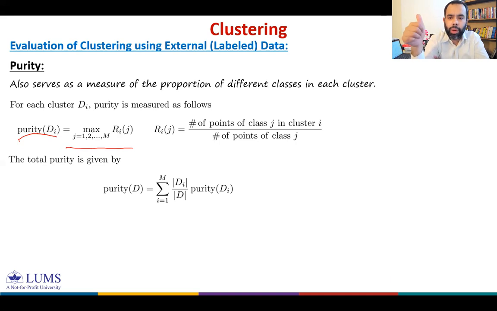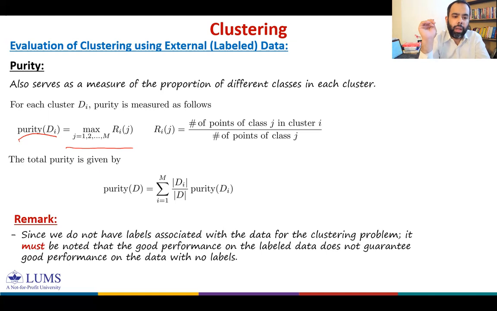So this is purity, entropy, F1 score, confusion matrix. Recall, we are using external data to evaluate the performance of the clustering algorithm. And we should note here that we do not have labels associated with the data for the clustering problem.